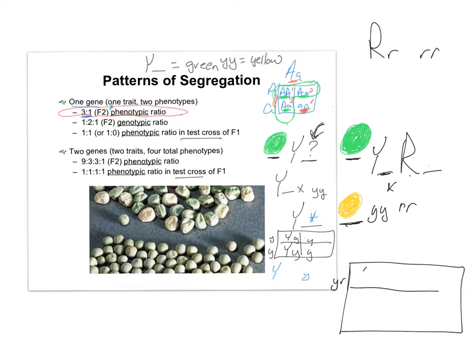So let's assume then that this is big Y, little y, big R, little r. Then we would see 4 different possibilities: big Y, big R, and we'd see big Y, little r, and we'd see little y, big R, and we'd see little y, little r.